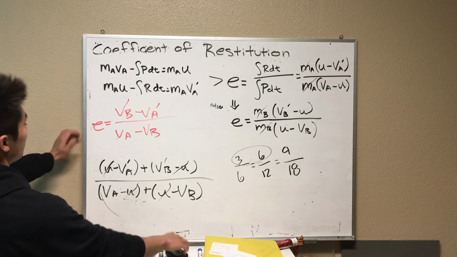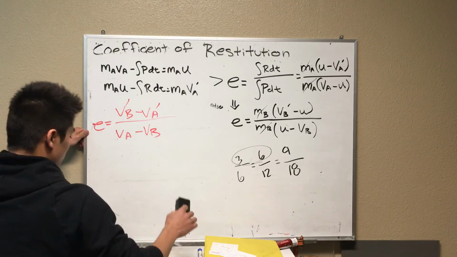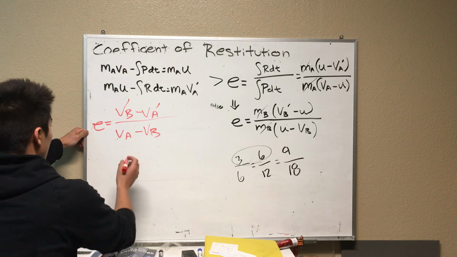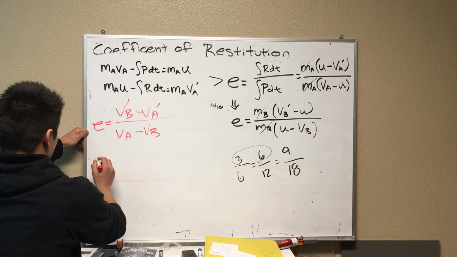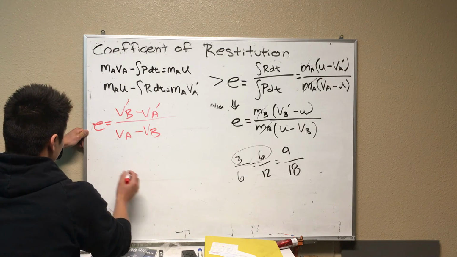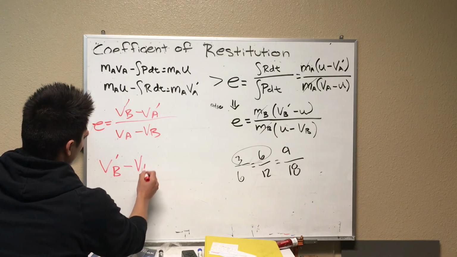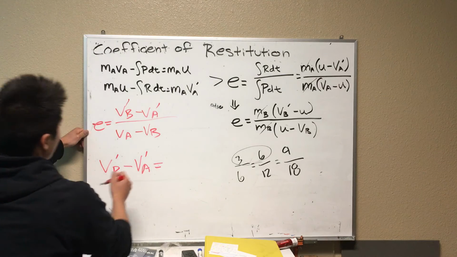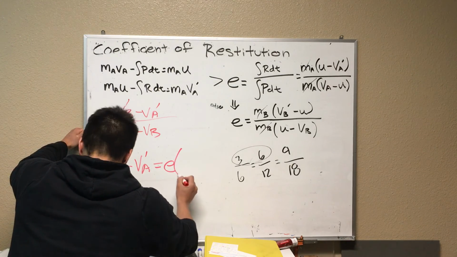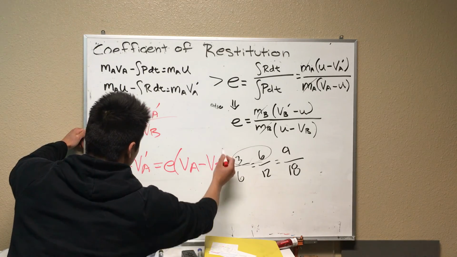And then coming over to our last part, we will have, oh, interesting. Yeah, okay, so we will have it in the format of what the textbook would have, and then we just multiply this by that side: e (v_A minus v_B).